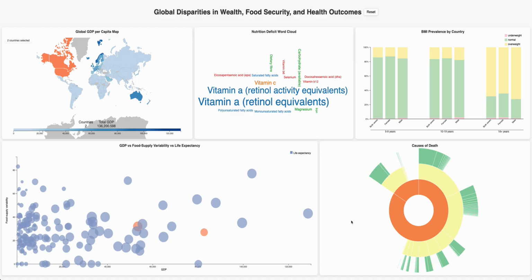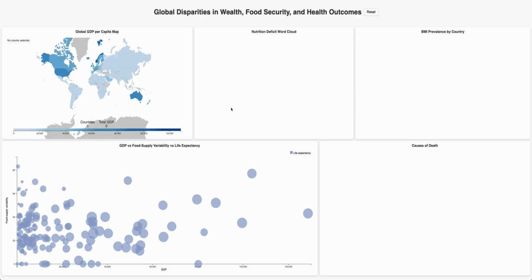In the sunburst chart, the largest level 2 slices are cardiovascular diseases like heart disease and stroke, and neoplasms like cancers, reflecting a predominance of non-communicable disease burden, possibly due to bad dietary patterns. And now we will compare the results with those of the African continent.